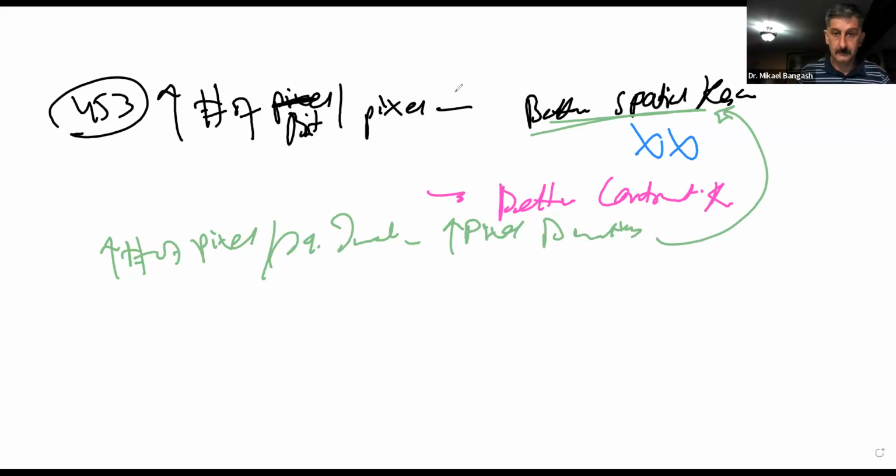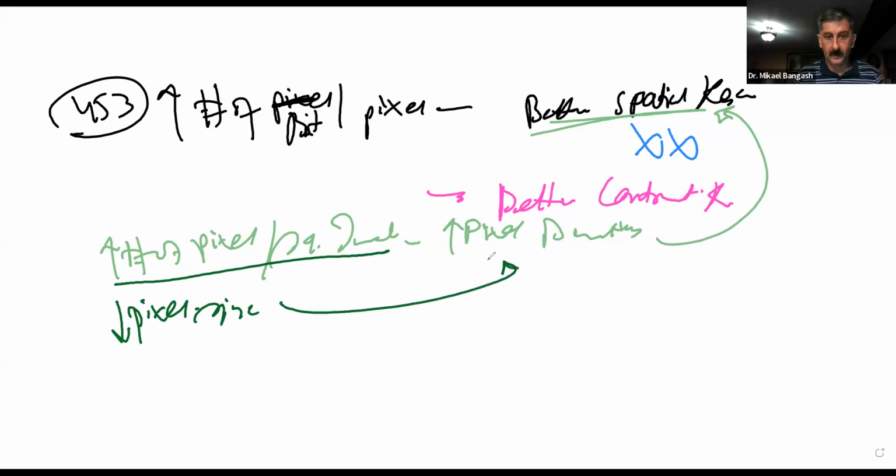Or this greater number of pixels per square inch could also mean a smaller pixel size, which also will lead to a better spatial resolution.